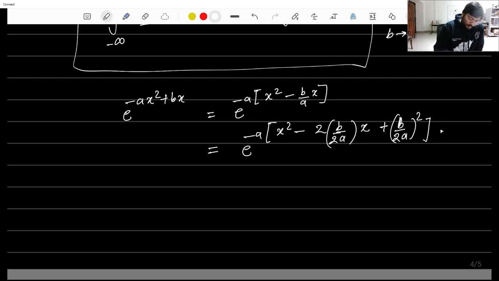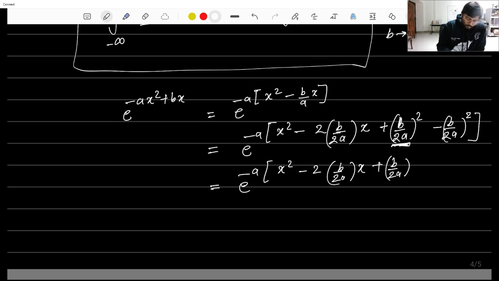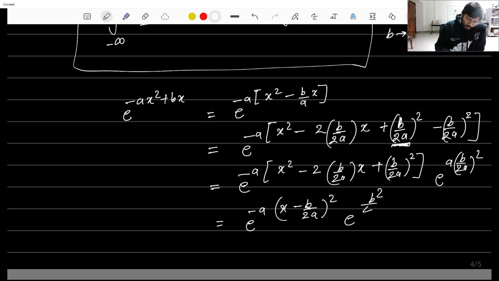And since you have added this term, you have to subtract this term also, so that the value of the power is the same. Now you write it like this. The term within the parenthesis becomes a perfect square, and the extra factor you can write like this: e to the power b square by 4a.